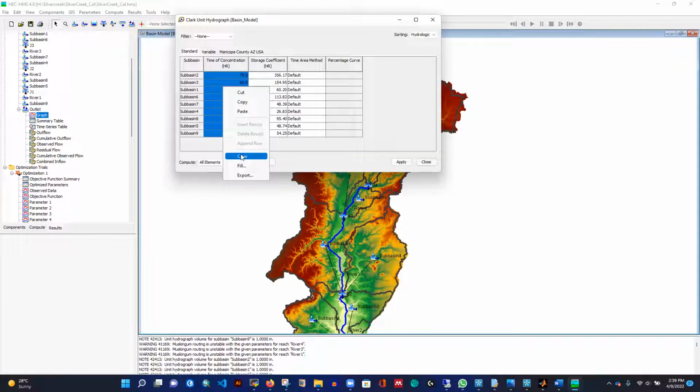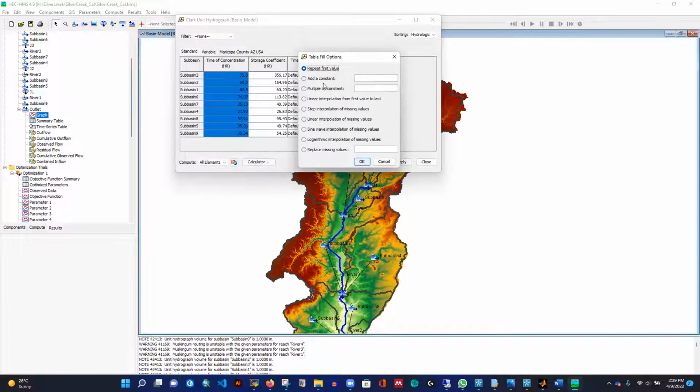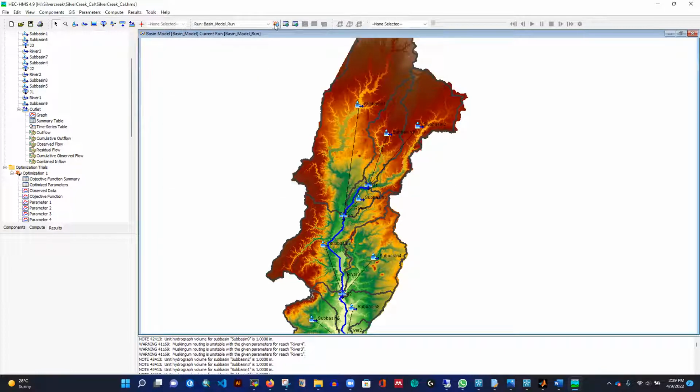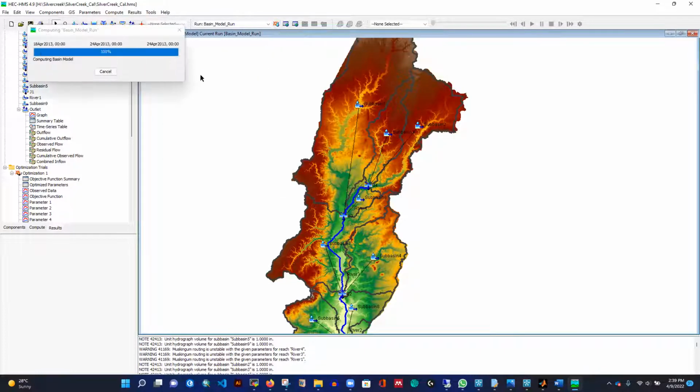So I can reduce 30%, or I can even reduce 50%, right? So I can multiply this value, let's see, by a constant like 0.75. Okay, I'm multiplying this, so we are getting this, and apply, and let's see if we can get any increased or improved shape.